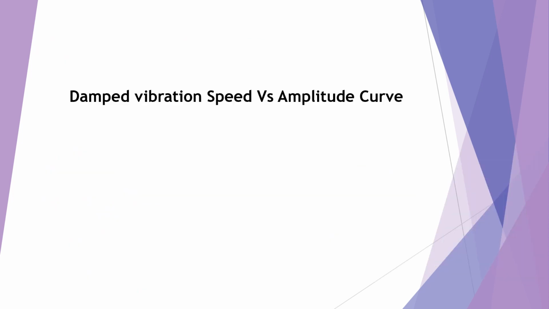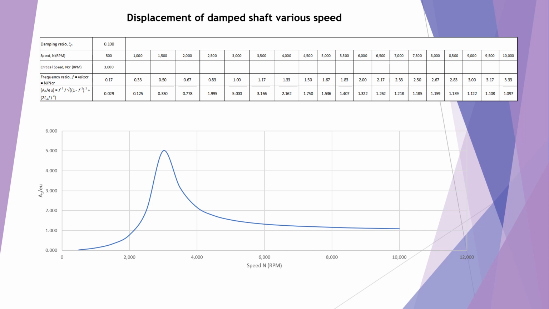Damped vibration speed versus amplitude curve. This is the speed, this is the amplitude of the shaft in damped condition. One typical value is given here.